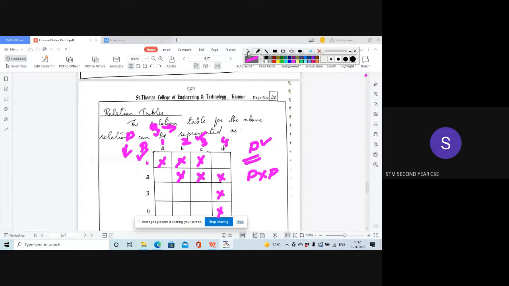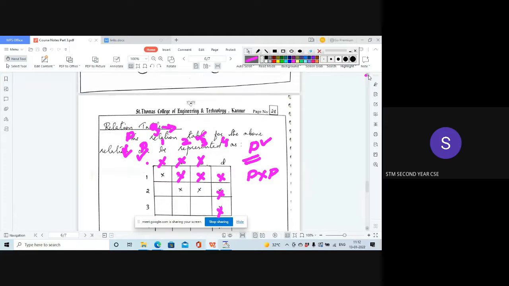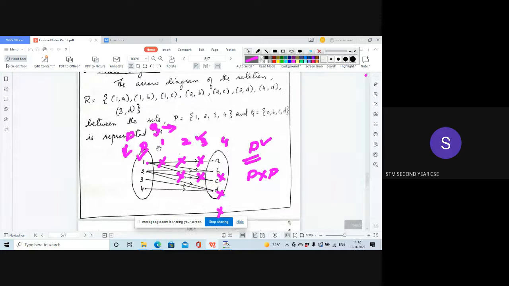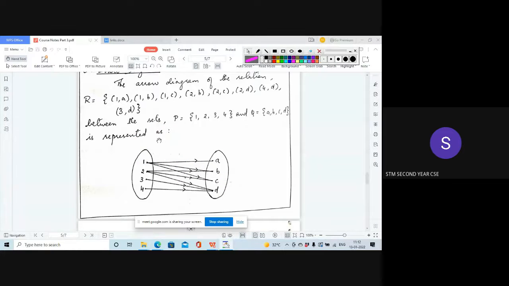Even here in the arrow diagram, if only P is given, then both the ellipses represent the set P. It is a mapping from P to P, that is, a mapping on P cross P. So both the sets will be P, and here also you will have 1, 2, 3, 4.